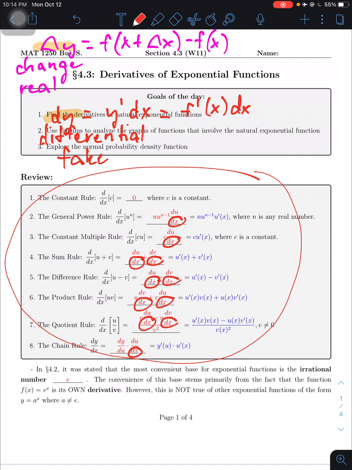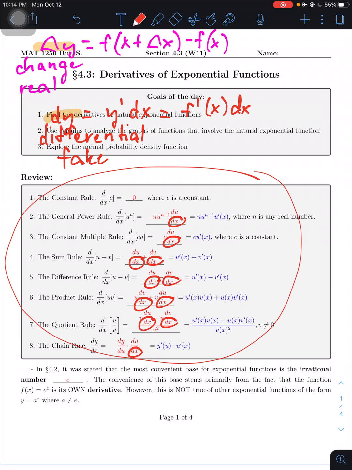Before we talk about more derivatives of exponential functions, let's review a little about exponential functions. In section 4.2, a long time ago, it was stated that the most convenient base for exponential functions is the irrational number e.